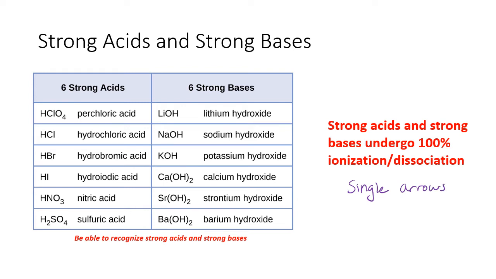So the strong acids are often perchloric acid, hydrochloric acid, hydrobromic acid, hydroiodic acid, nitric acid, and sulfuric acid, which we learned was the only diprotic acid on the list because it had 2 hydrogens that it could lose. And the strong bases are group 1A and 2A metal hydroxides. So lithium hydroxide, sodium hydroxide, potassium hydroxide, calcium hydroxide, strontium hydroxide, and barium hydroxide.